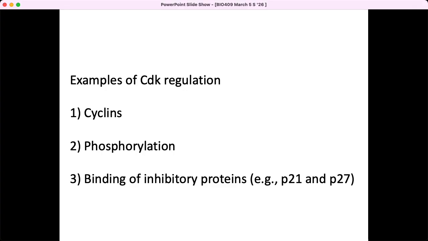So we could write that out. We have the visual, but cyclins, phosphorylation, and then the binding of these inhibitory proteins. We're going to learn about two: P21 and P27. Just to mention, biochemists often will name a protein just based on its size, because they don't know what it does.